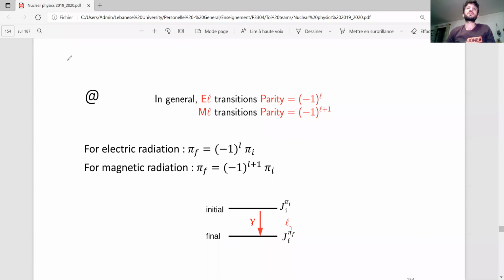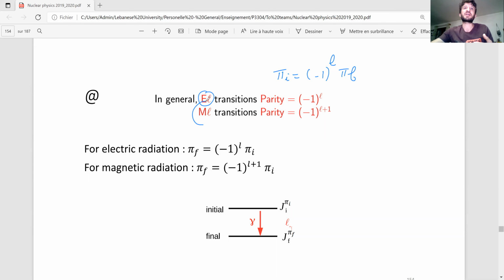About how can we specify if the transition is electric or magnetic? We have to study the parity of the initial state and the final state. In the case of electric transition, EL, the parity initial equals (-1)^L times parity final.